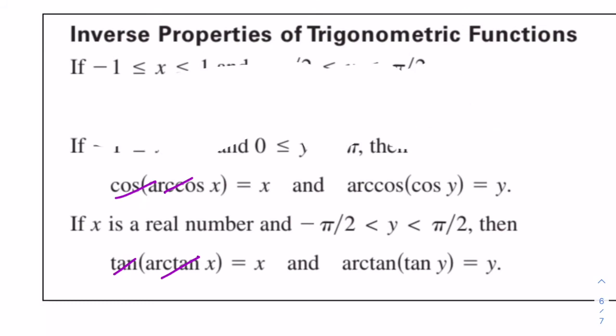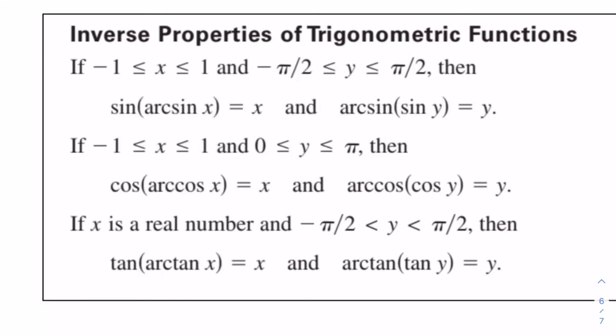There is one major thing you need to make sure you consider, and that is the domain. So remember, just like compositions of functions, we worked inside then out. So you want to make sure that you simplify whatever's inside first, and make sure that x, this value here, for arc sine and arc cosine, needs to be between -1 and 1.